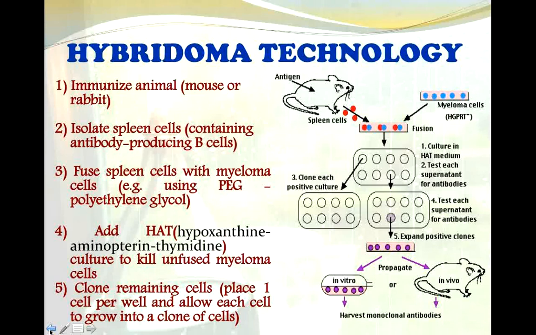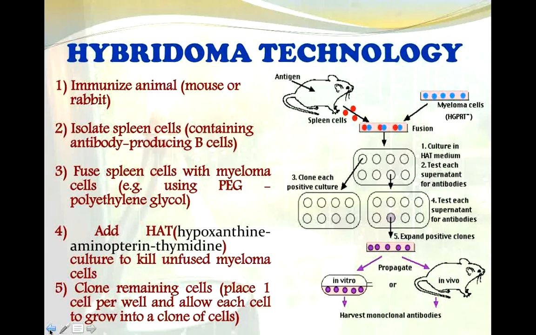But normal plasma cells multiply, produce antibodies, and then die out. So this is the difference between myeloma cells and plasma cells. The myeloma cells contribute immortal growth properties to the fused cells, and the B cells are capable of limited growth. They contribute the genetic information for synthesis of the specific antibody of interest.